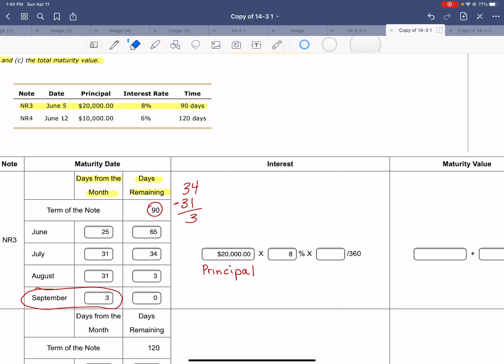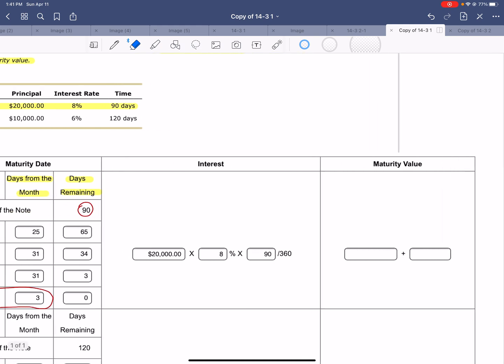And we're taking it for 90 days, so the portion of the year that we're using is 90 over 360. If we take that formula, 20,000 times 8% times 90 over 360, we come up with $400 interest.